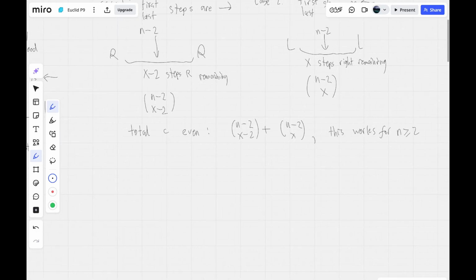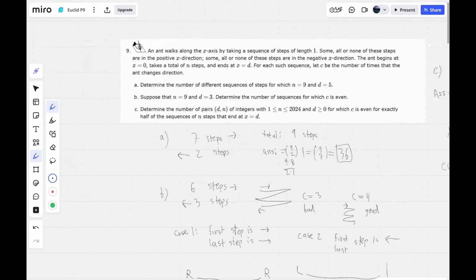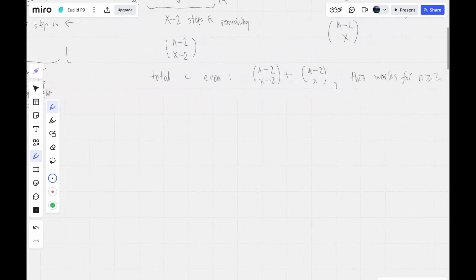So this is equal to half of the total number of sequences. So n minus 2 choose x minus 2 is equal to half the total number of sequences, plus n minus 2 choose x is equal to half the total number of sequences.